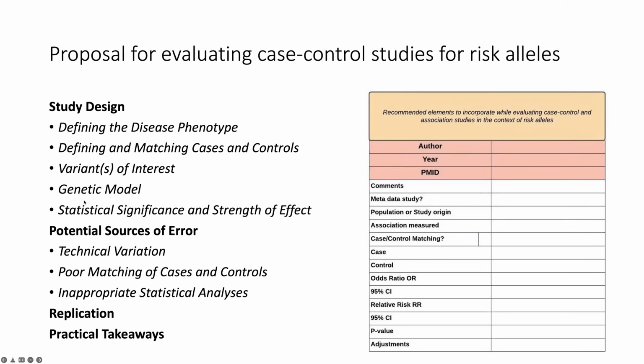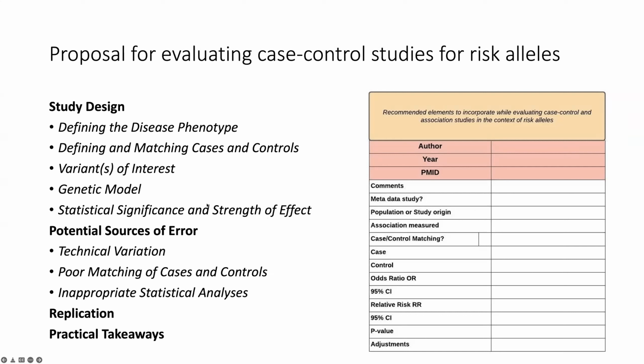There are different genetic models that people use with regard to these case control studies. Frequently you'll see an allelic model, dominant model, or recessive model. Then there's evaluating statistical significance, which is usually in the form of the p-value, and obviously that needs to be corrected for multiple hypothesis testing. And then the strength of effect, which is usually in the form of the odds ratio.